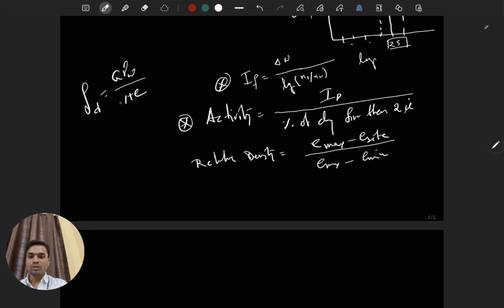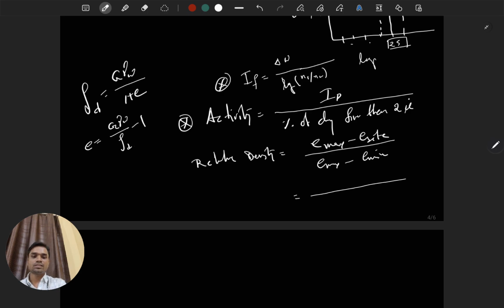Okay, so what we have observed is that we can write e equal to G rho w by rho d minus 1, which means e is inversely proportional to the dry density.